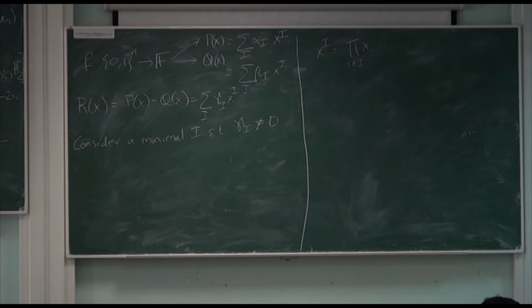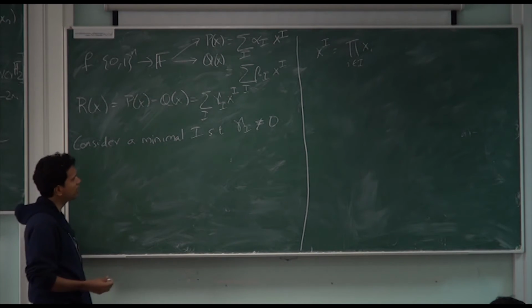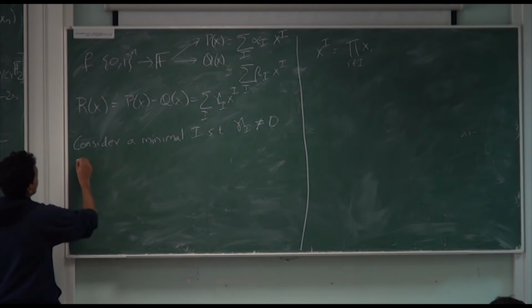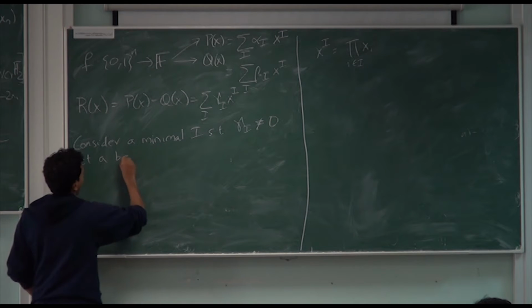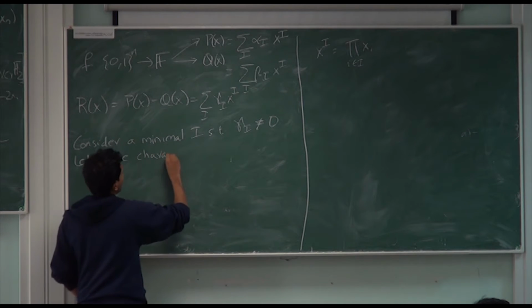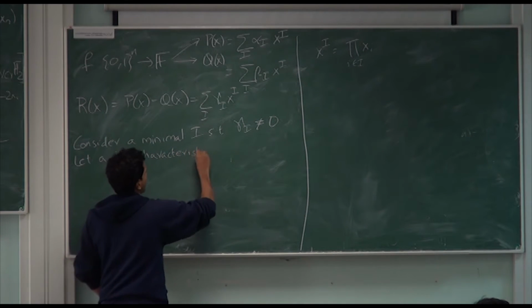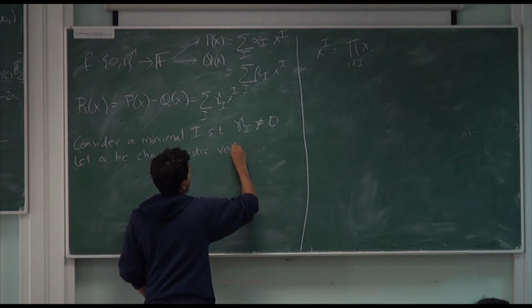So it's an I such that gamma I is non-zero, but for all strict subsets of I, gamma I is 0. Okay, so consider any such minimal I, and let A be the characteristic vector of I. Right. So A is a 0, 1 input, which is 1 exactly at the locations in I.